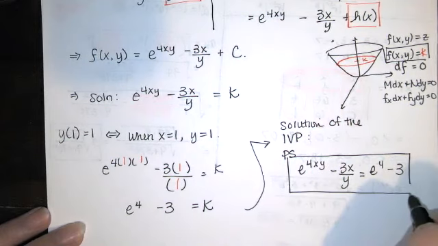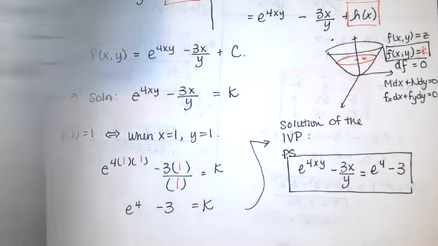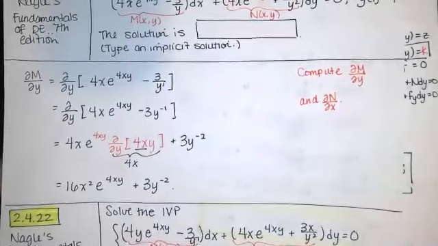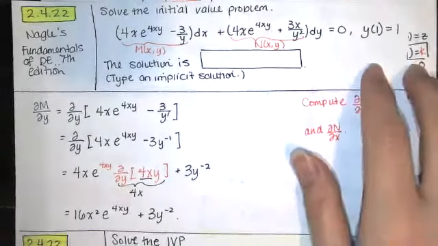And you can write it like that, or you can subtract that e to the 4th from both sides. That's fine. You can multiply everything by y if you wanted to. All of those would be fine, and all of those would be an implicit solution to this differential equation that satisfies this initial condition.